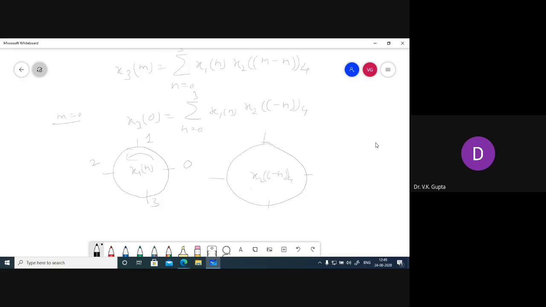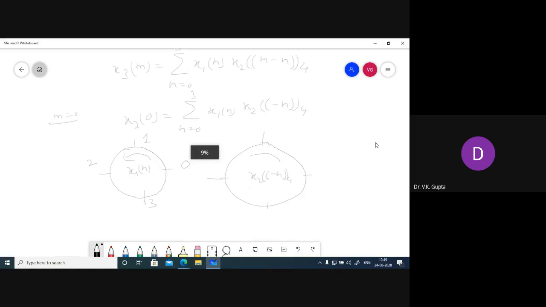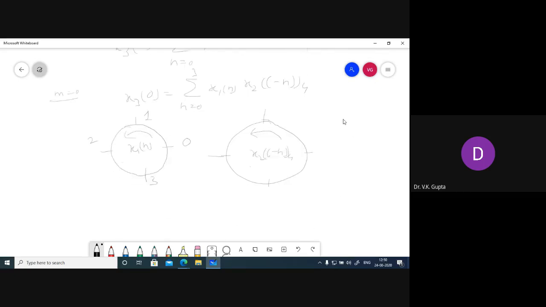For drawing x2(minus n), we put the data in the reverse direction and read in the positive direction. The sequence x2 is 1, 1, 0, 0. Then x2(minus n modulo 4) is 1, 0, 0, 1.